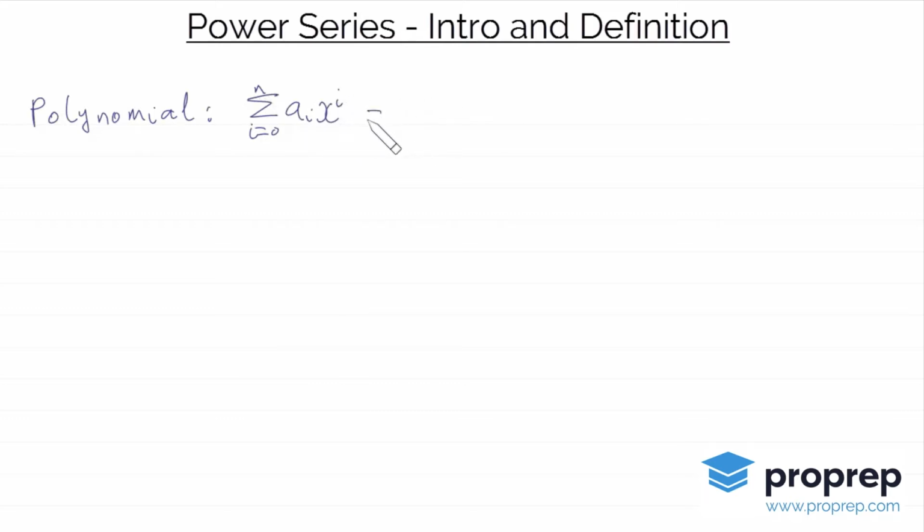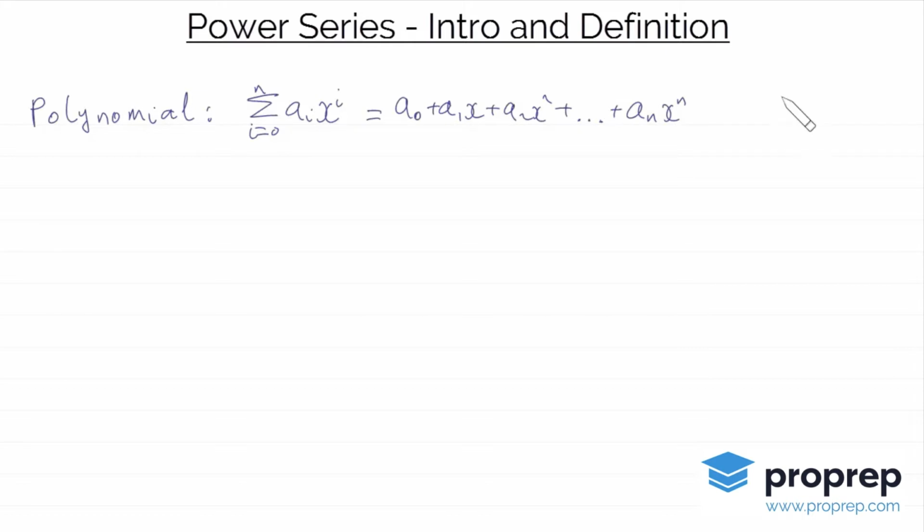That's a bit abstract. If you put it in regular notation without sigma, it's a naught plus a1 x to the 1, plus a2 x squared, plus and so on, up to an x to the n. And we write it in increasing powers of x, more convenient.